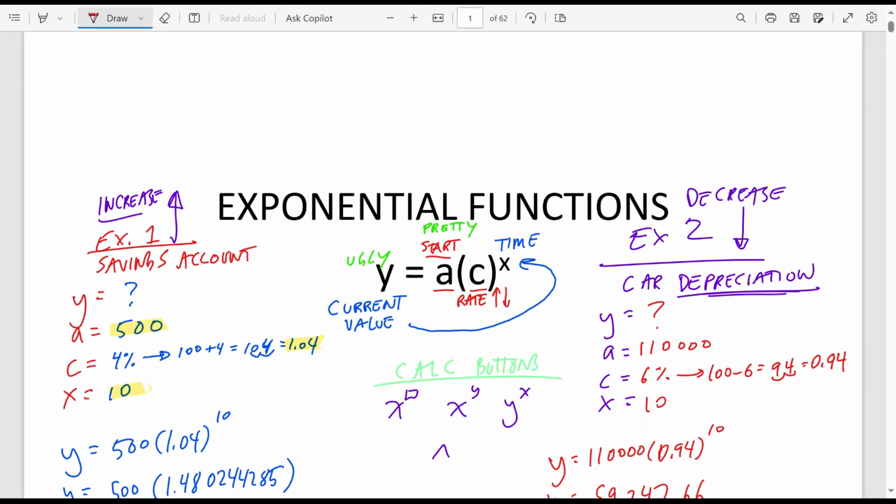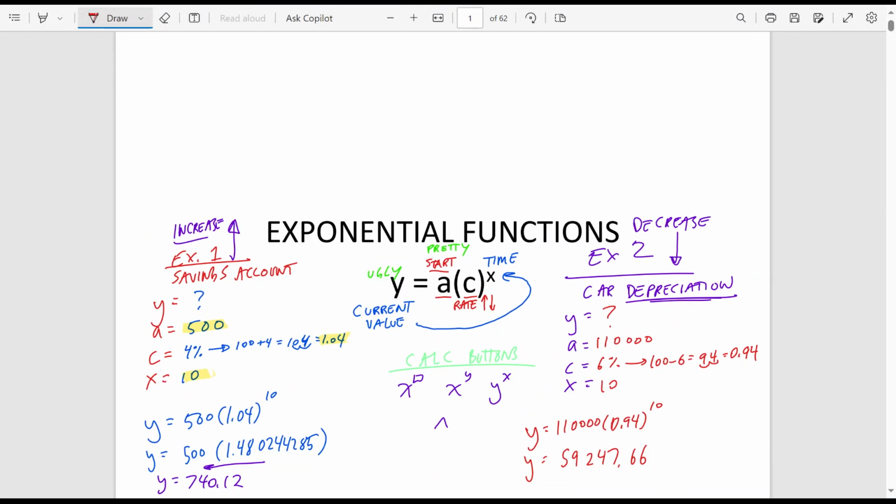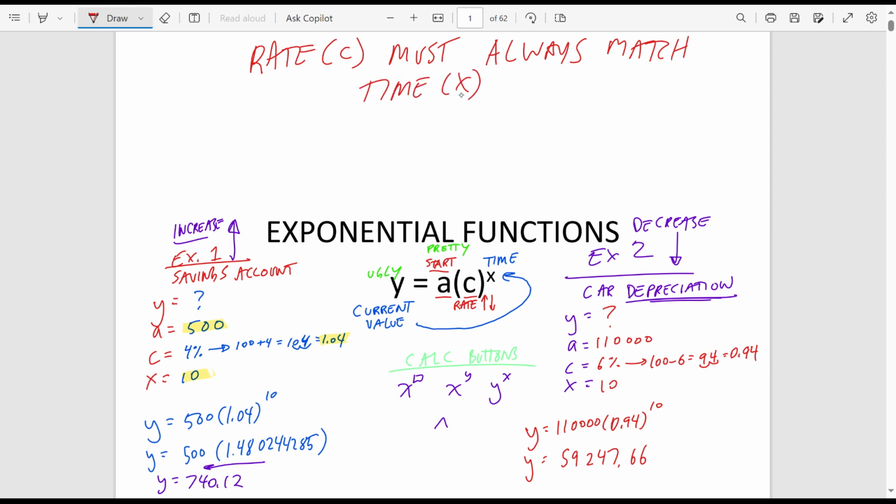The only added thing that I would have you guys write down on this front page is: rate, or C, must always match time, or X. So the last example I would put on here in terms of your calculations, if it said something like savings increases 6% per month, which would be wild, but whatever.